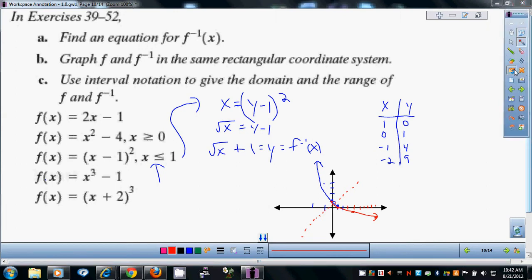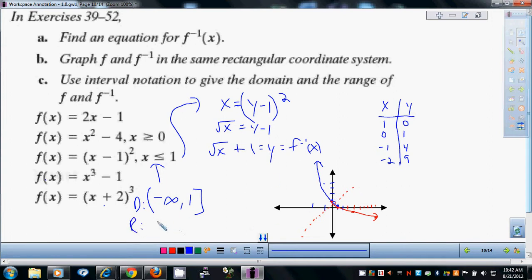Last thing, only thing left, we have to state the domain and range for each. What was the domain of the original function? It kind of told us. Yeah, less than or equal to 1. Or, in other words, negative infinity to 1. That was the domain of the original. What was the range of the original if we just look at our graph here?